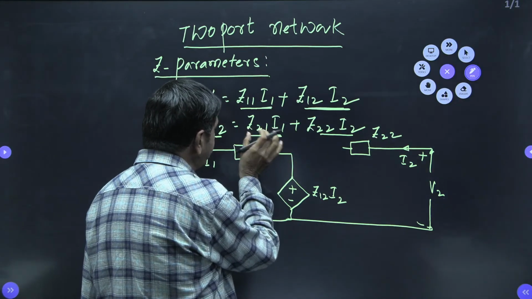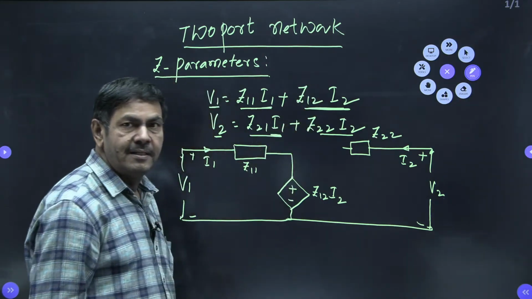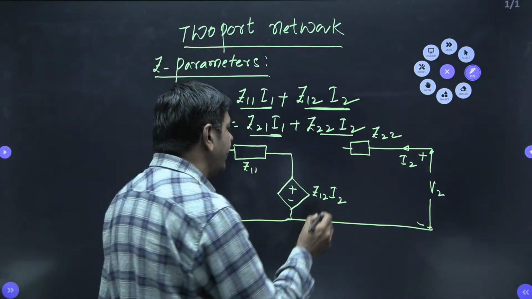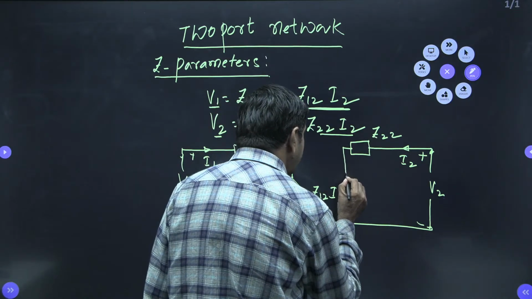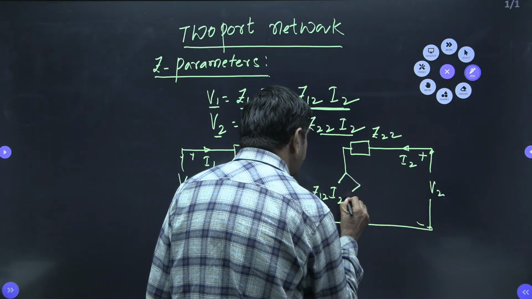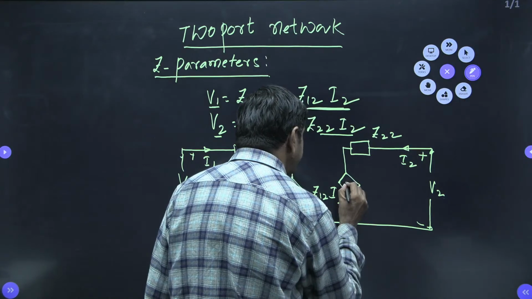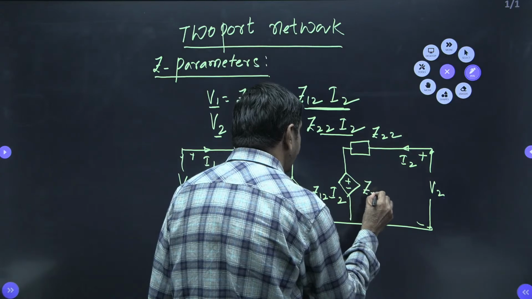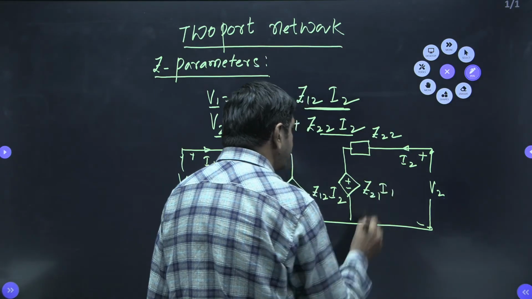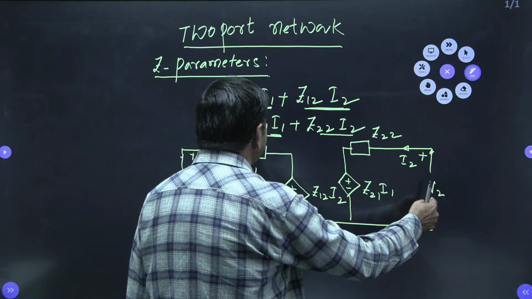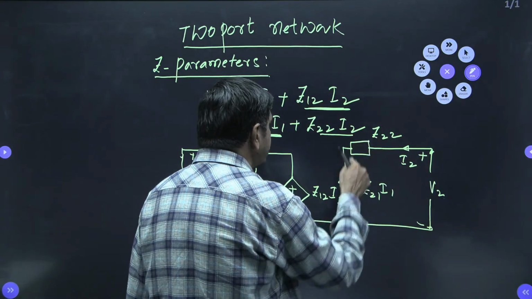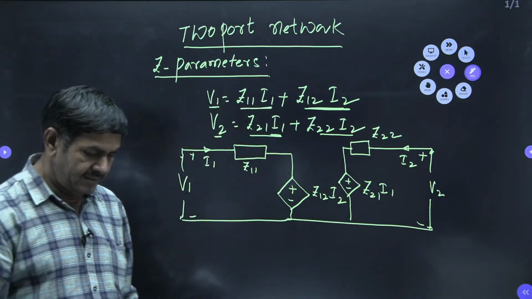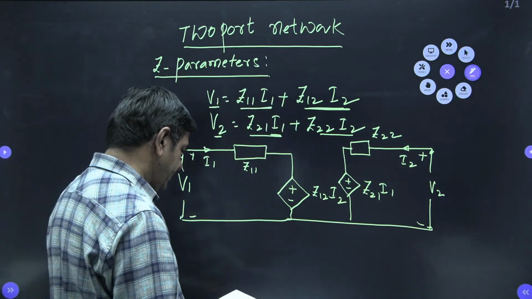It depends upon I1, which means it depends upon the input parameter. So I can connect one dependent source like this, plus minus, taken as Z21 into I1. So we got V2 equal to Z22 into I2 plus Z21 into I1. In such a way you can draw Z parameter equivalent circuits.